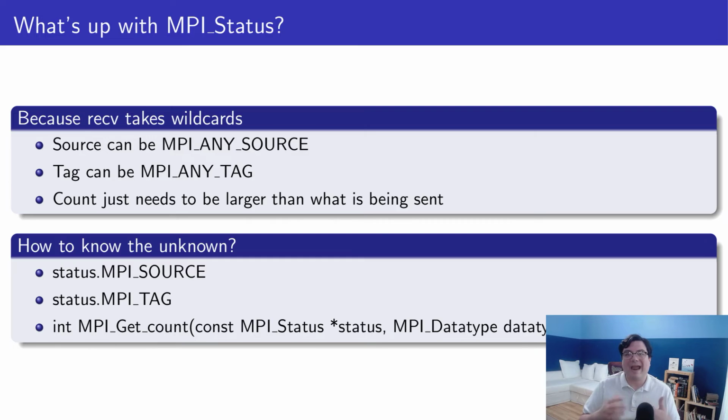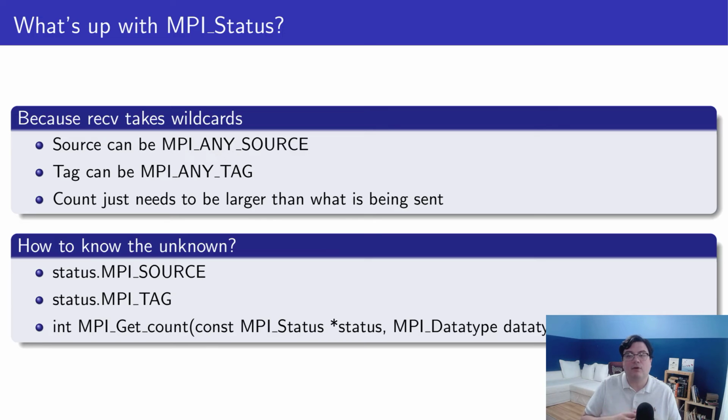While the sender has to know all the information, what data to send and who to send it to, the receiver does not need to know everything. The receiver can choose to receive data from any source and to accept messages bearing any tag. Finally, the receiver only has to specify how much data it is ready to receive at most.